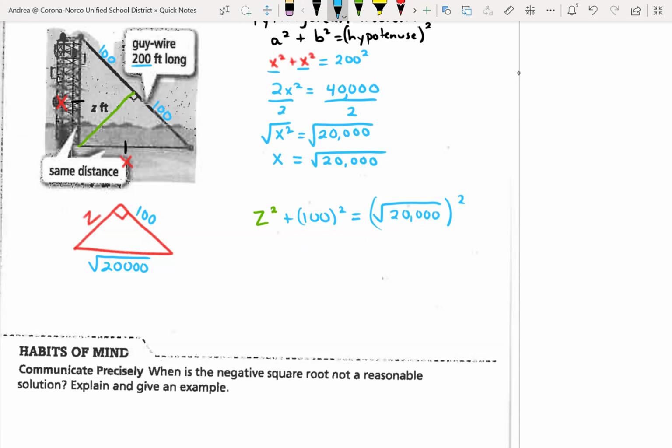Okay, now do the math. Z squared, I don't know. 100 squared is 1 with 4 zeros after it. So 10,000 equals. When I square a square root, it just comes outside of the radical.